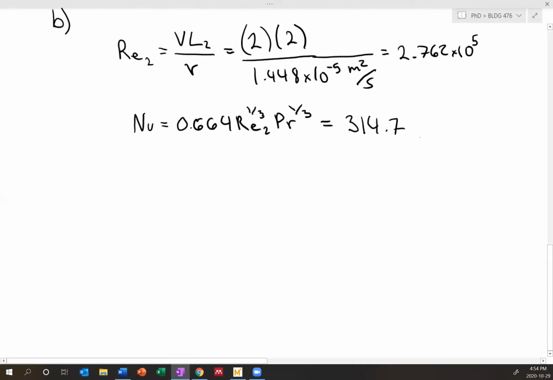Or I guess we were told that in this case. And I'll skip some of the intermediate steps here in the interest of time, and because we've seen this calculation a couple times. So now we're using the same k. Our length this time is 2 meters, and the Nusselt number is what we just calculated.